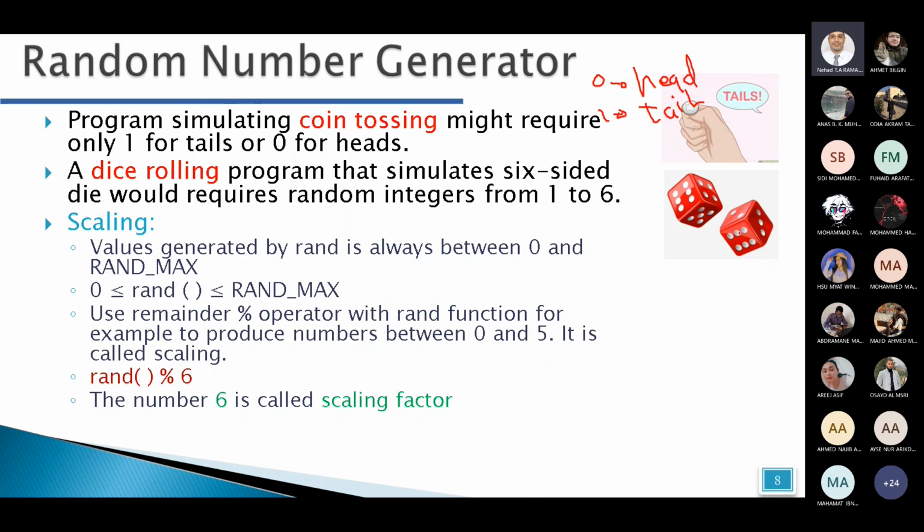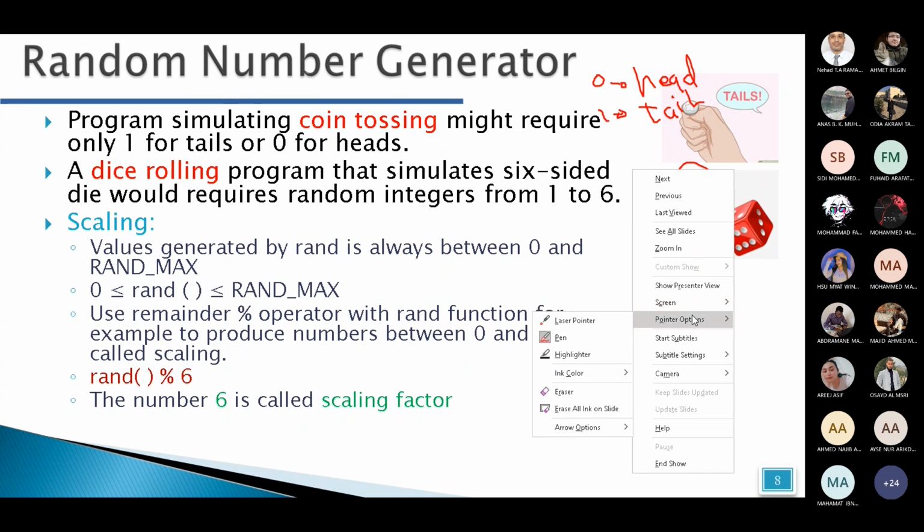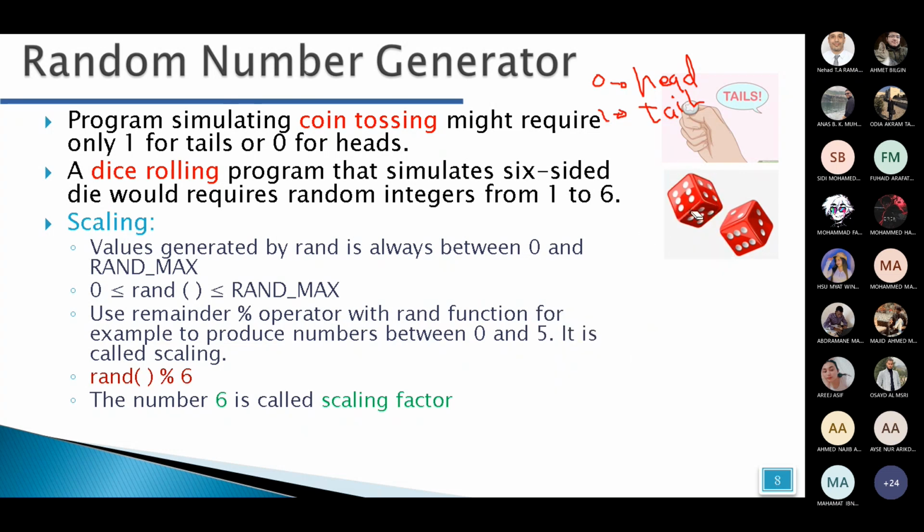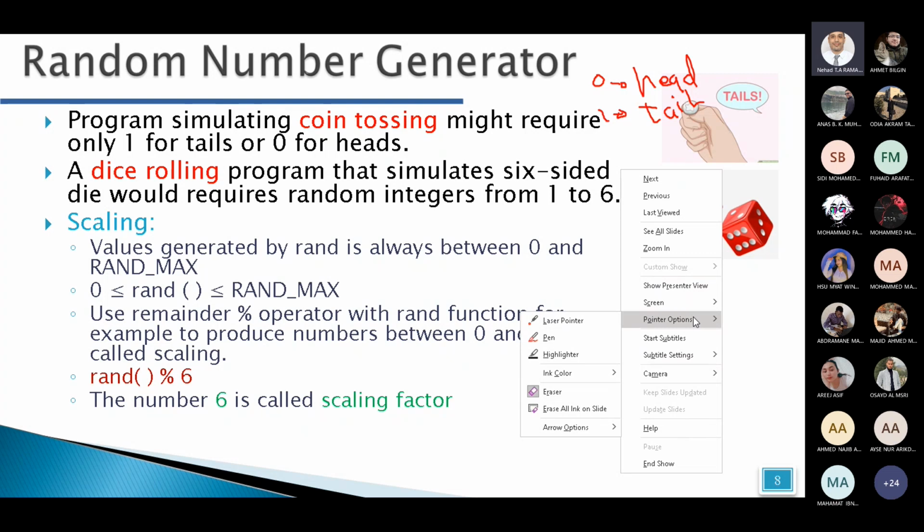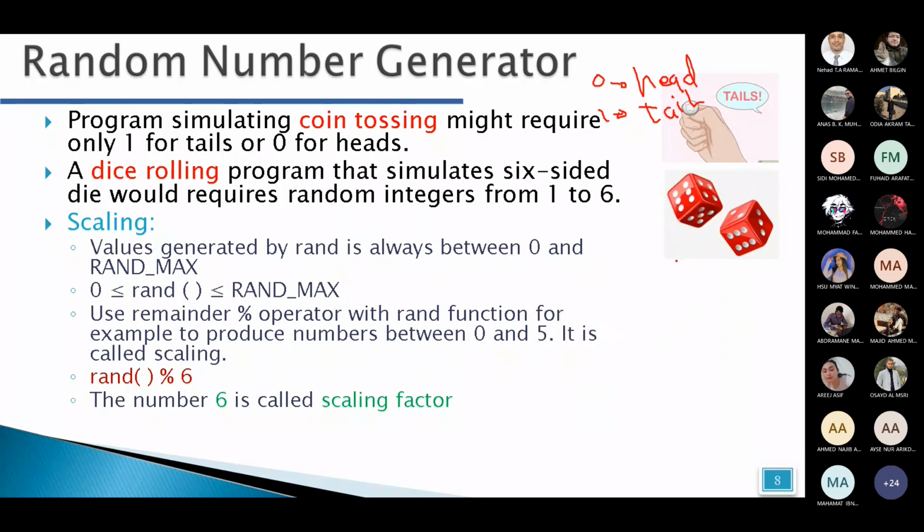Okay, what about dice rolling? You know the dice, yes? This is the dice. You can also mimic or simulate dice rolling. When you roll a dice, you get a face that has a number, white dots like this.